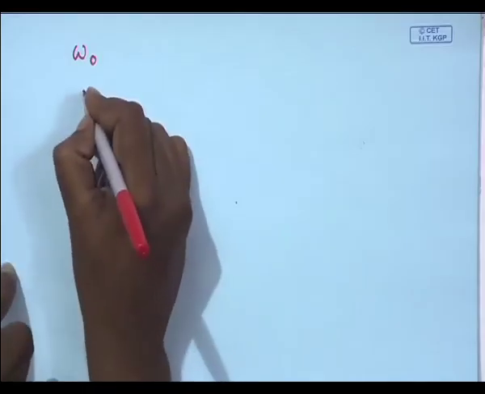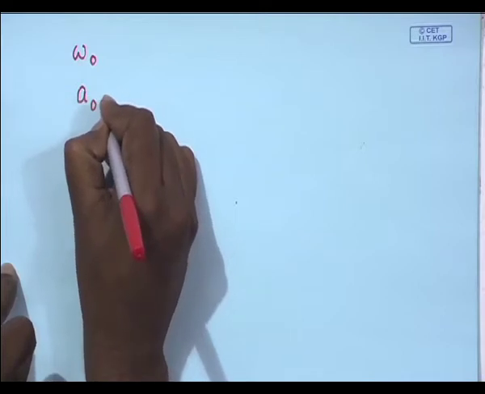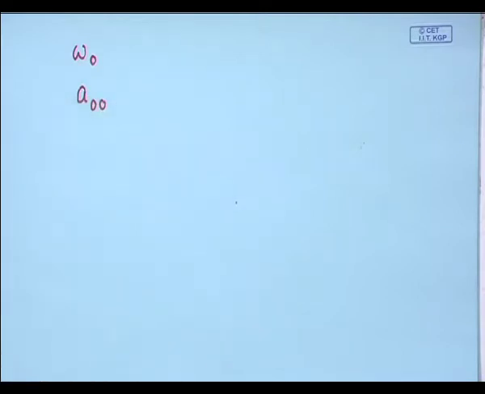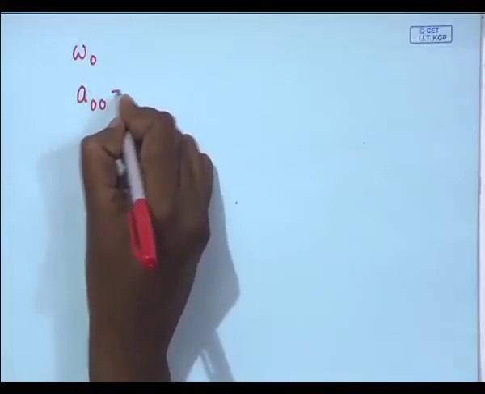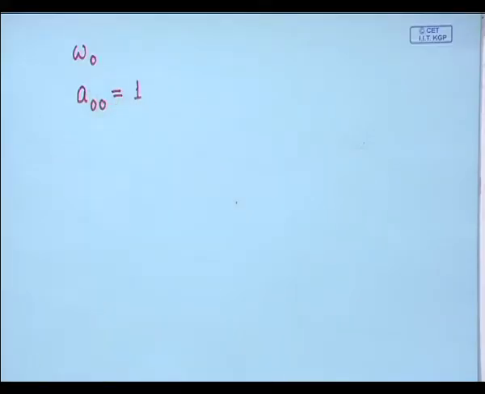However, it can make an infinite number of transitions within that state. So, I will always have A00, that is, the probability of transition from state omega 0 to itself, equal to 1.